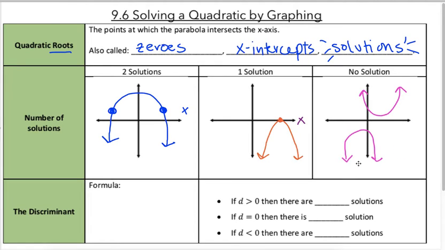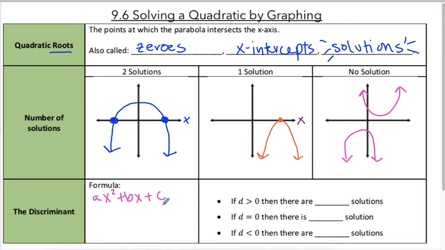And so algebraically and visually, we can kind of identify how many solutions there are. Visually, we're just looking to see where does it cross this x-axis: twice, once, or none. Algebraically, we can look in standard form. So if I have ax squared plus bx plus c, and if I have this equation, I can check something called the discriminant.